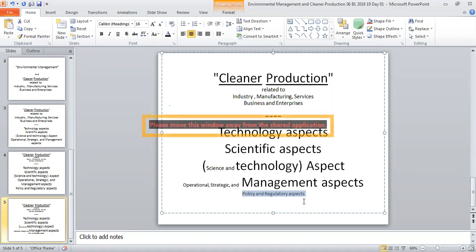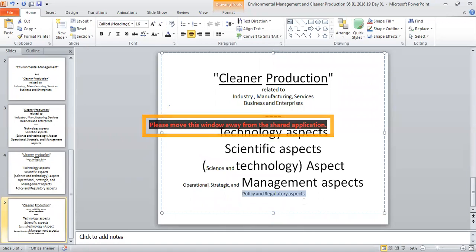We are living in this environment. Not only living in, we are living on this environment.